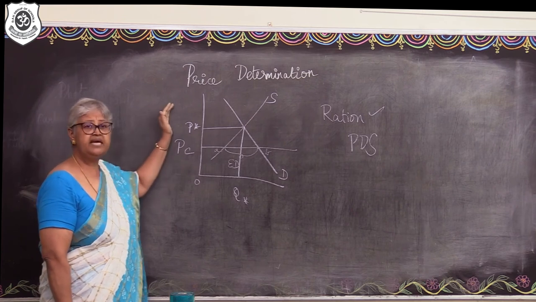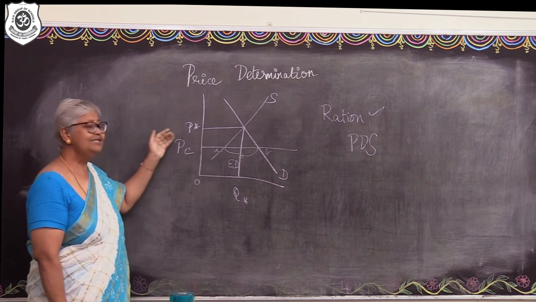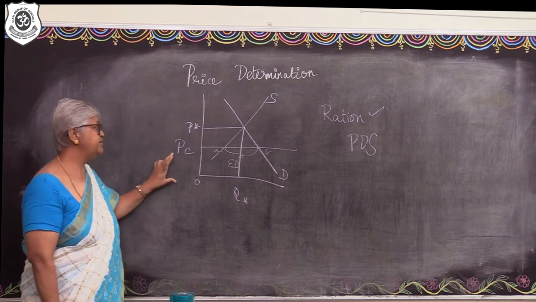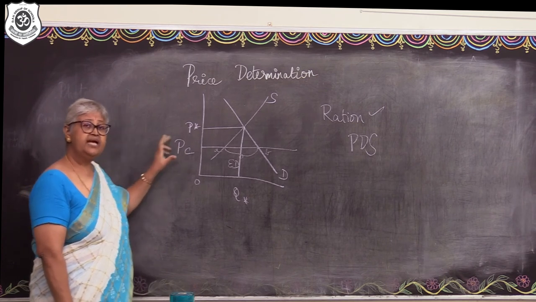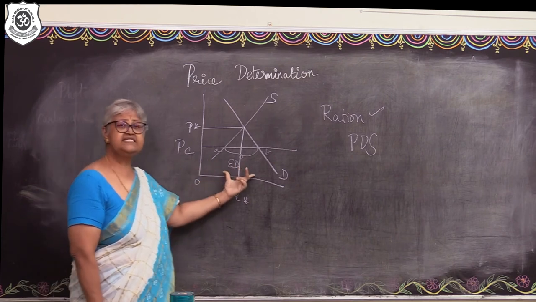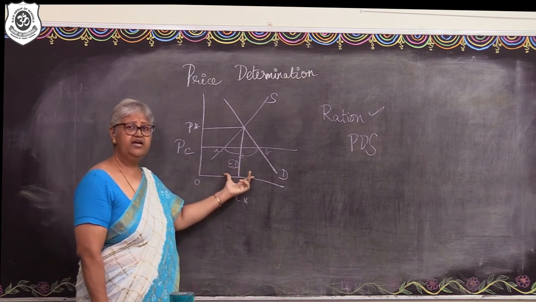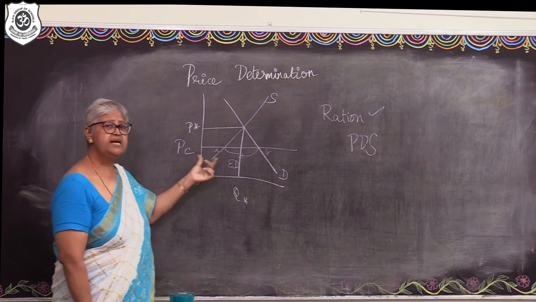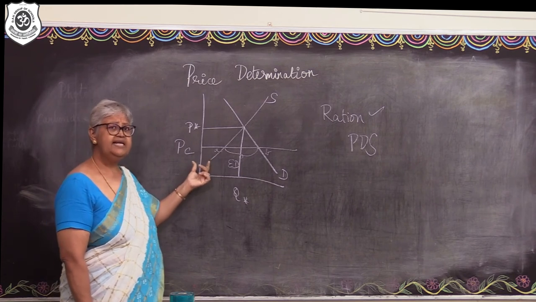If the open market price is going to be OP star, then the controlled price or the ration price will be OPC. So at this price, many people will be willing to buy, so there would be an excess demand in the market. But then sadly at this price, the supply will be less.